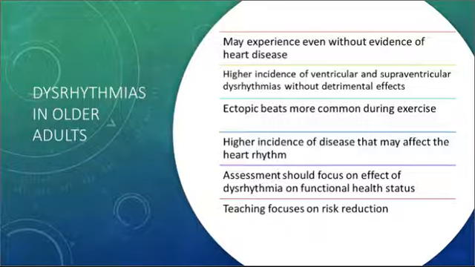Dysrhythmias in older adults, they may experience them even without any heart disease. They have a higher chance of having arrhythmias that lead to bad consequences. They cannot tolerate them. It's common to have extra beats with exercise.